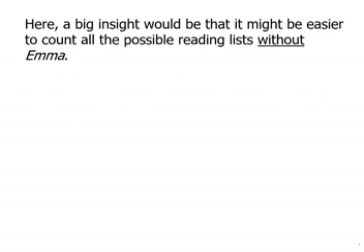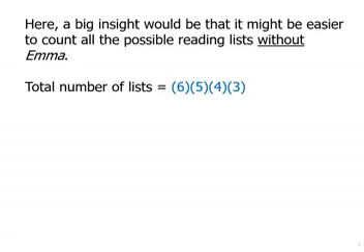The big insight is that it might be easier to count all the possible reading lists without Emma. So the total number of lists, so we have 6 novels. For the first novel on the list, I have 6 choices. Second, 5. Third, 4 choices left, and the last, we have 3 choices left. So 6 times 5 times 4 times 3.